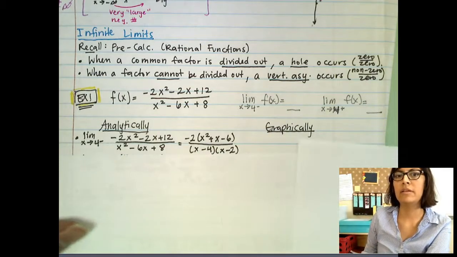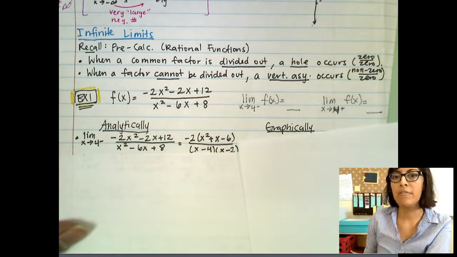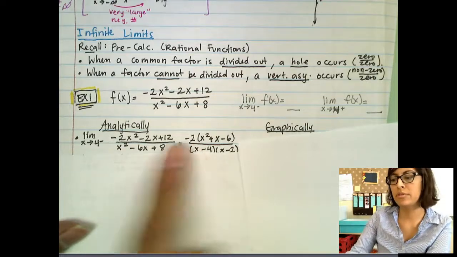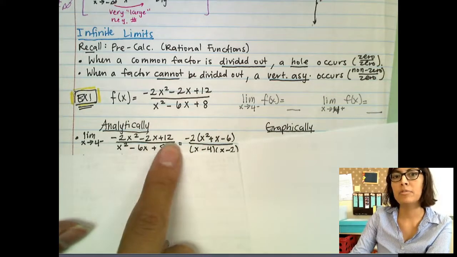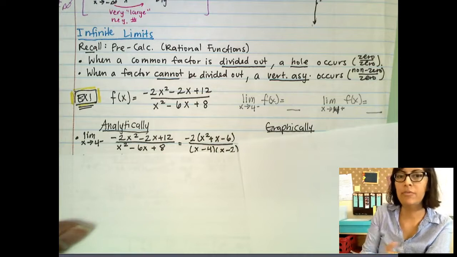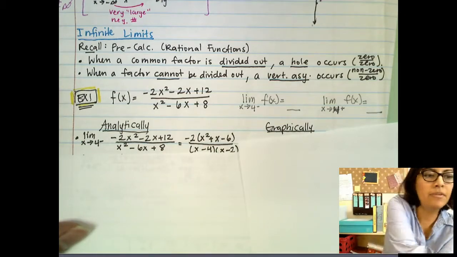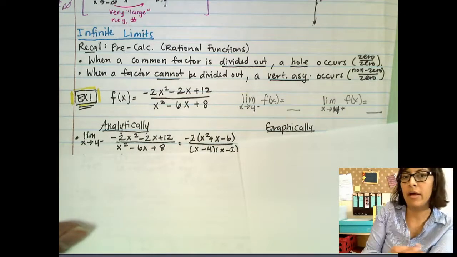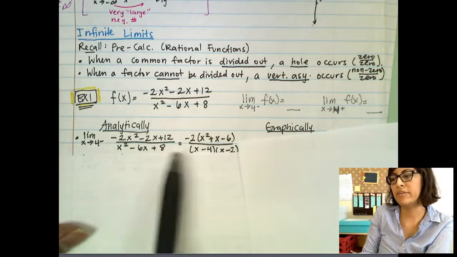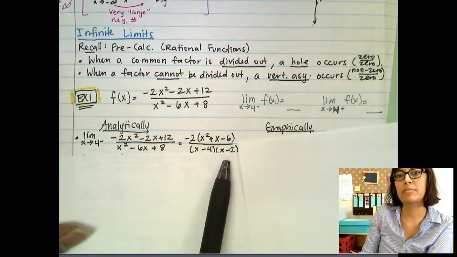Analytically, we take our original equation, and the first thing we do is factor out a 2, since all of these are multiples of 2. I also factored the denominator: x minus 4, x minus 2.